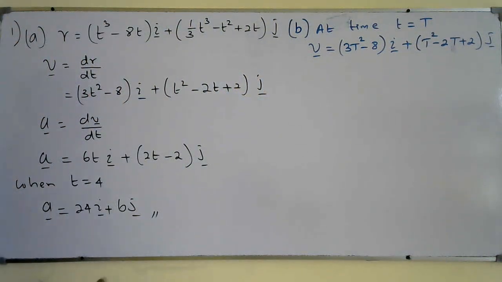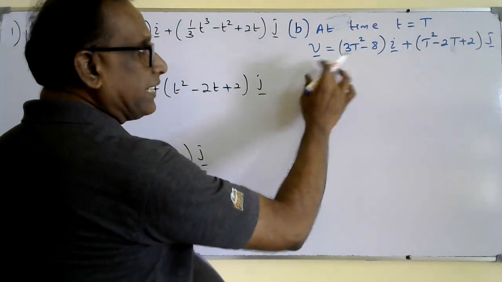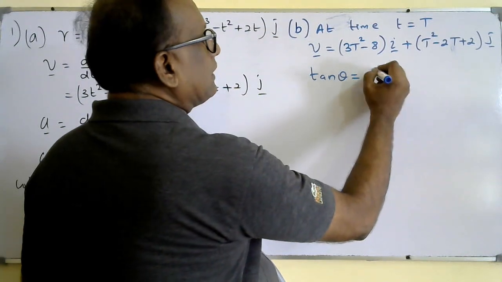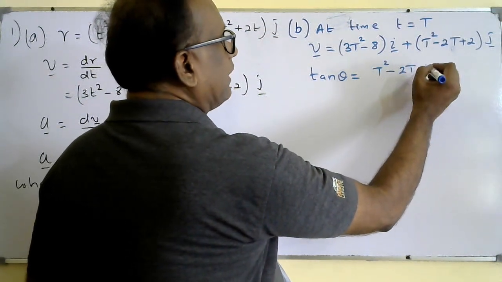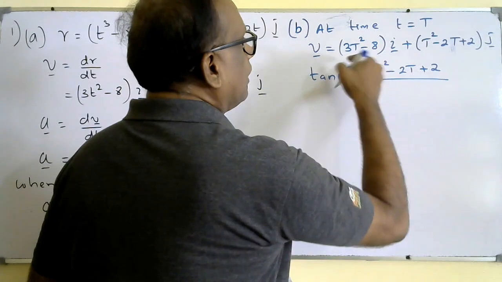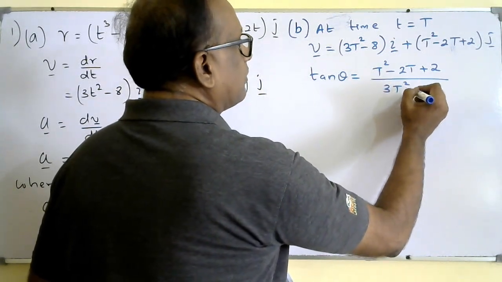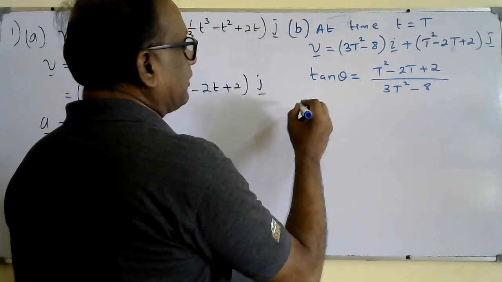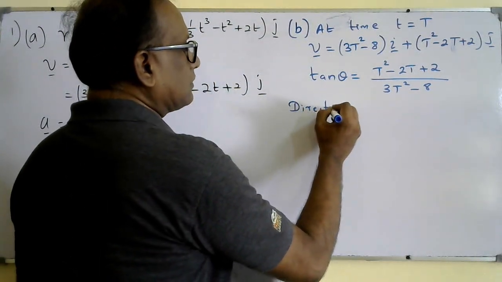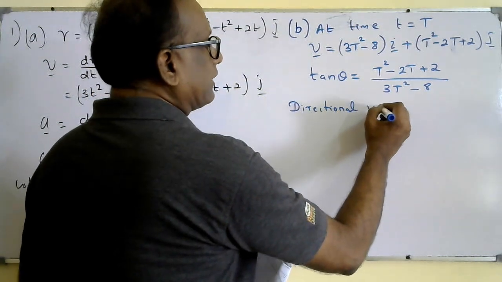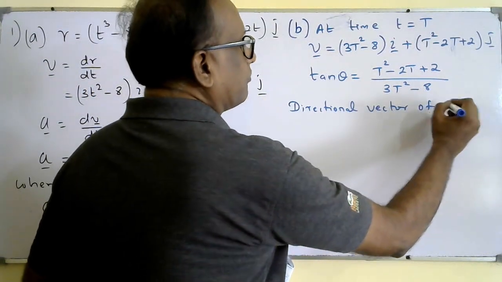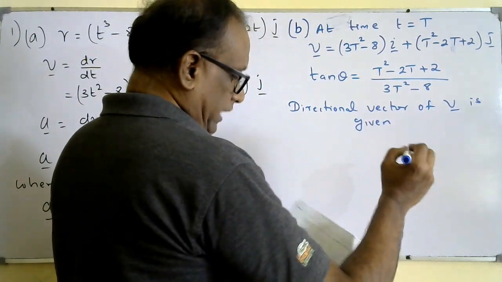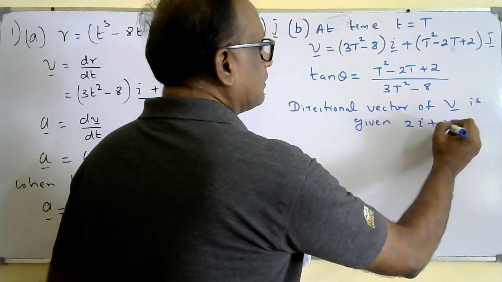Okay, so the direction of this velocity vector, we can find by using this one. Tan theta is equal to t squared minus 2t plus 2 over 3t squared minus 8. But at the same time, they are telling the directional vector of the velocity is given as 2i plus j.